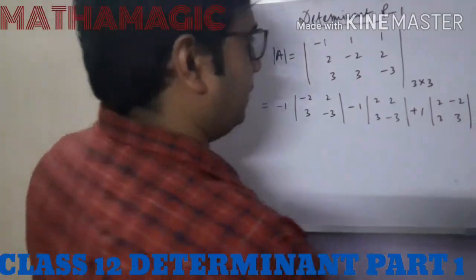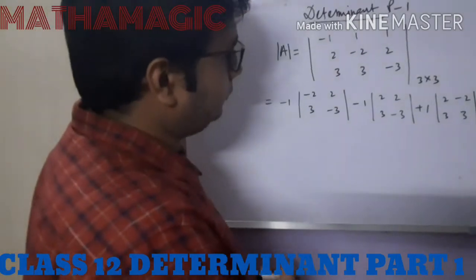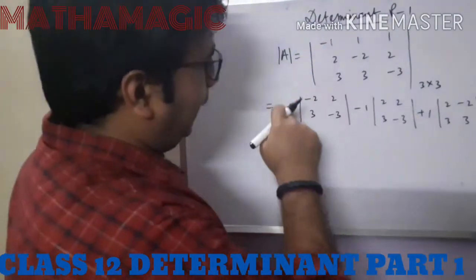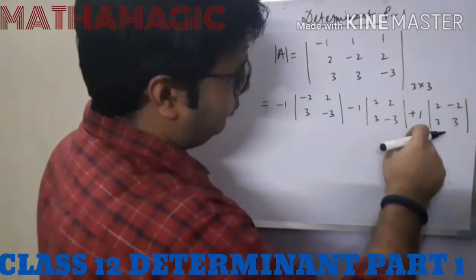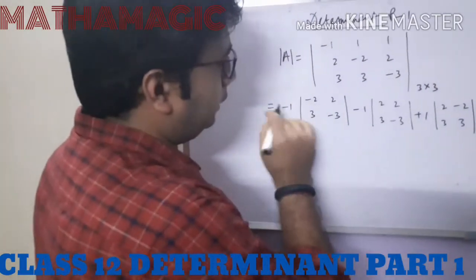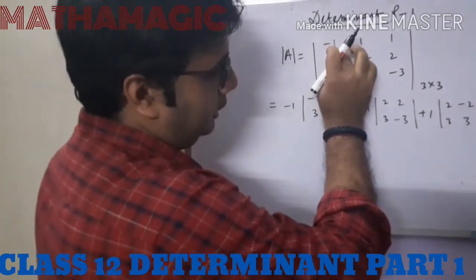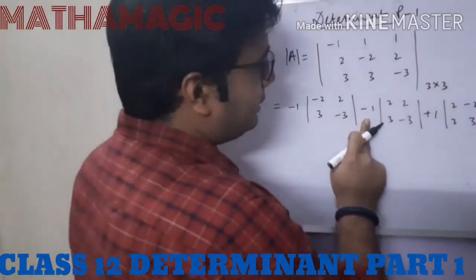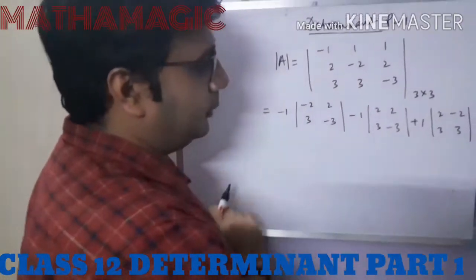Now, several questions will come to your mind. First of all, we have written minus 1 here. We have written minus 1 here. We have written plus 1 here. This minus 1 is justified because we had minus 1 here. But this minus 1 is not justified because there is no minus in front of this.